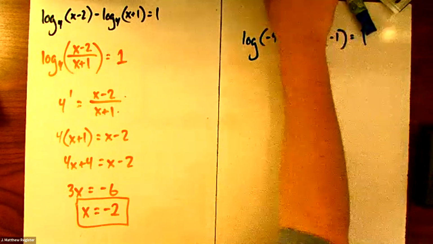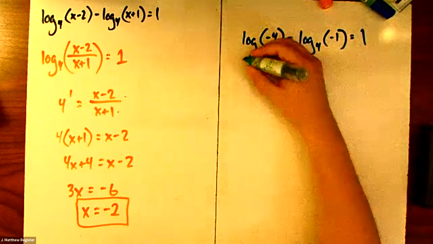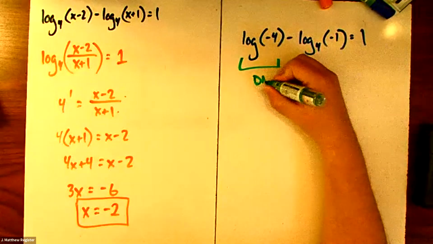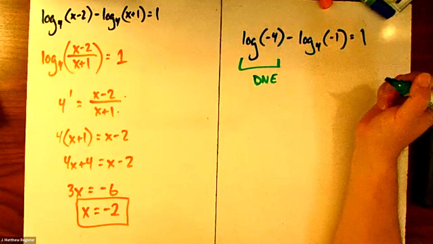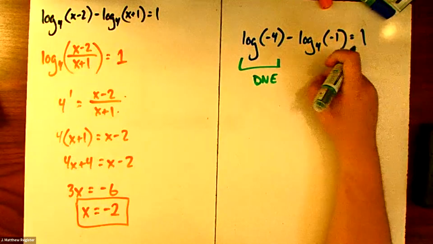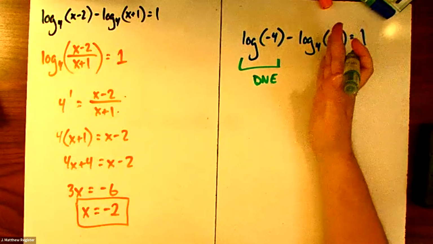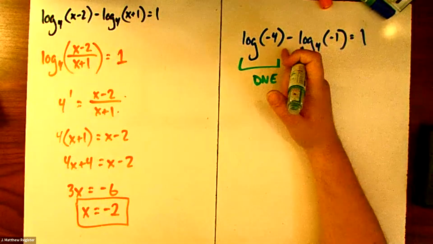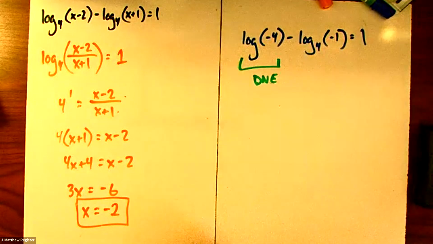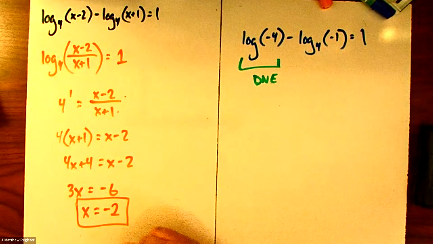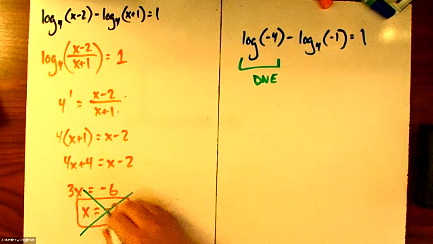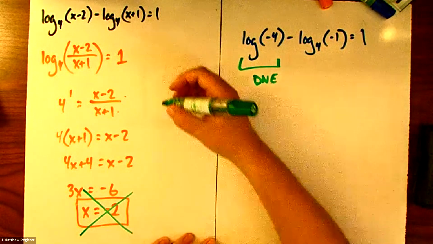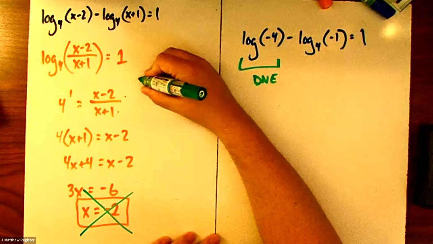And I've got some bad news. This does not work. It does not exist. Because remember, with logarithms, the domain starts at 0 and goes to infinity. We're not allowed to plug negative numbers into logarithms. So this solution we got is actually not a working solution. In this case, there is no solution.